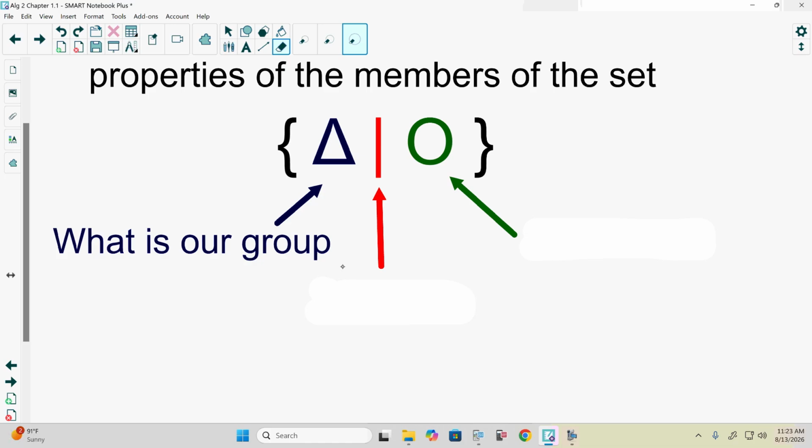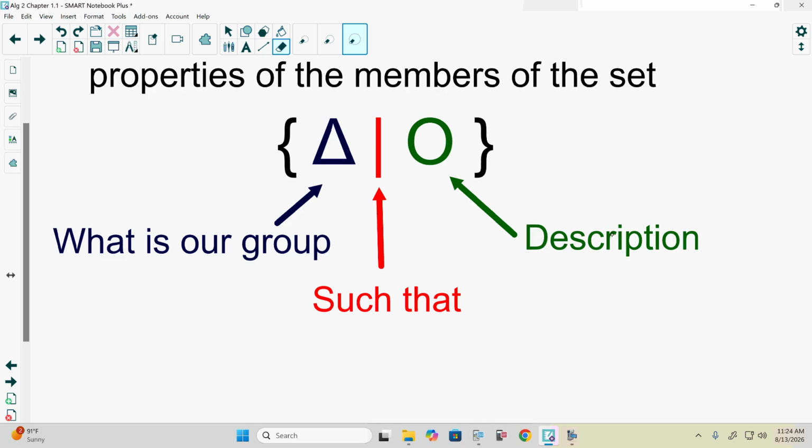Now, the nice thing is the bar, and it's funny because out of all 3 symbols, it's the only one that actually has words directly attached to it. Such that. When we see this bar in set notation, it means such that. We have this group of numbers such that it has this description.